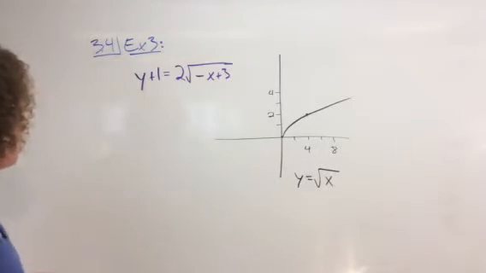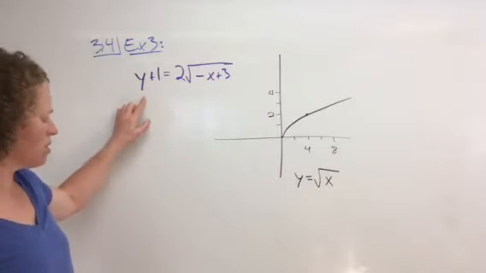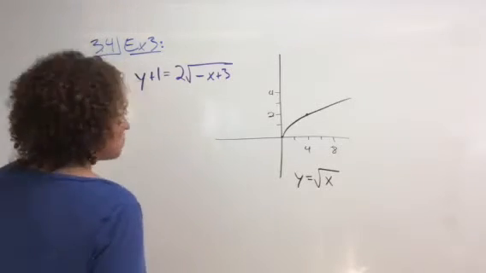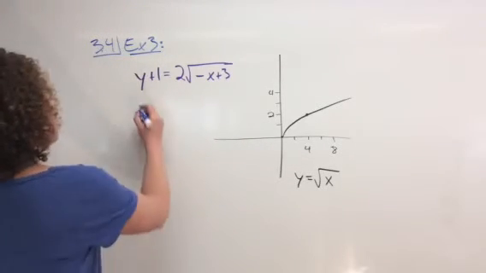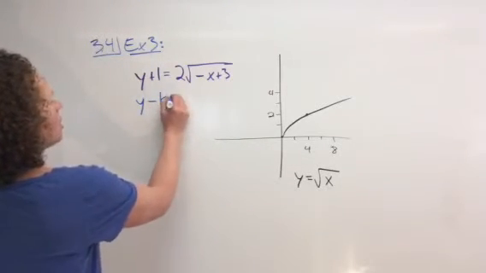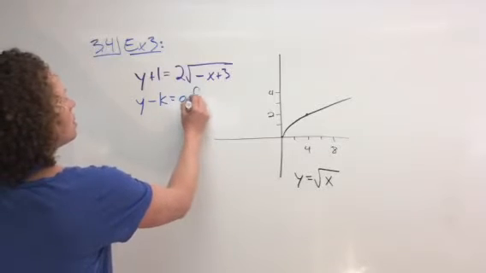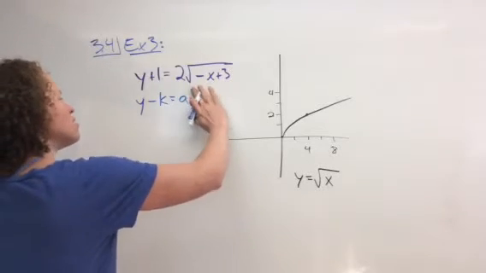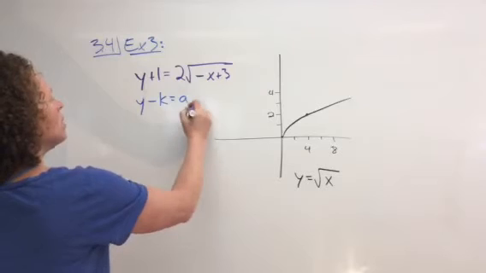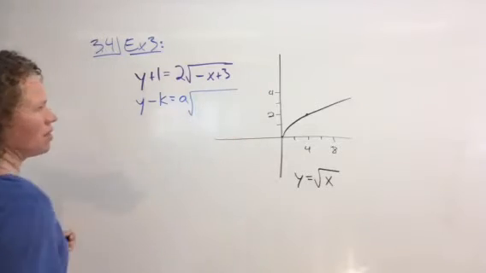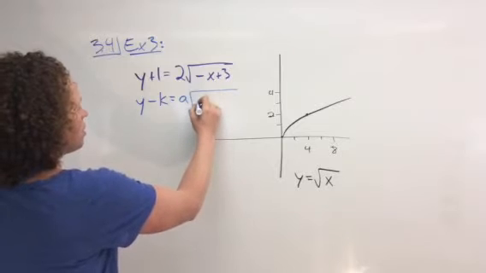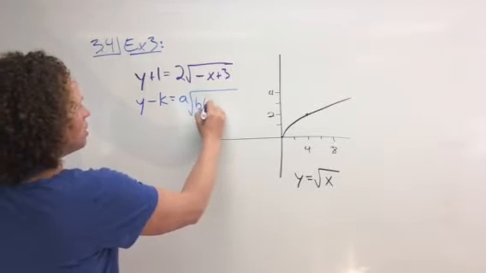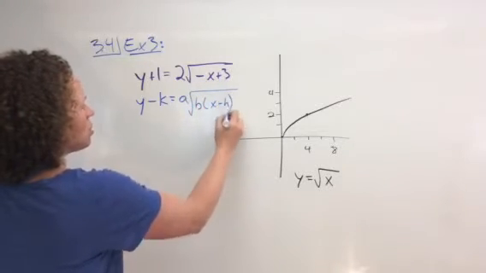So what we're going to do then is compare this to our basic formula, which would, let me change colors here, which is y minus k equals a times f, but instead of an f, let's actually write it in as a root sign. And then I'm supposed to have b times x minus h under here.